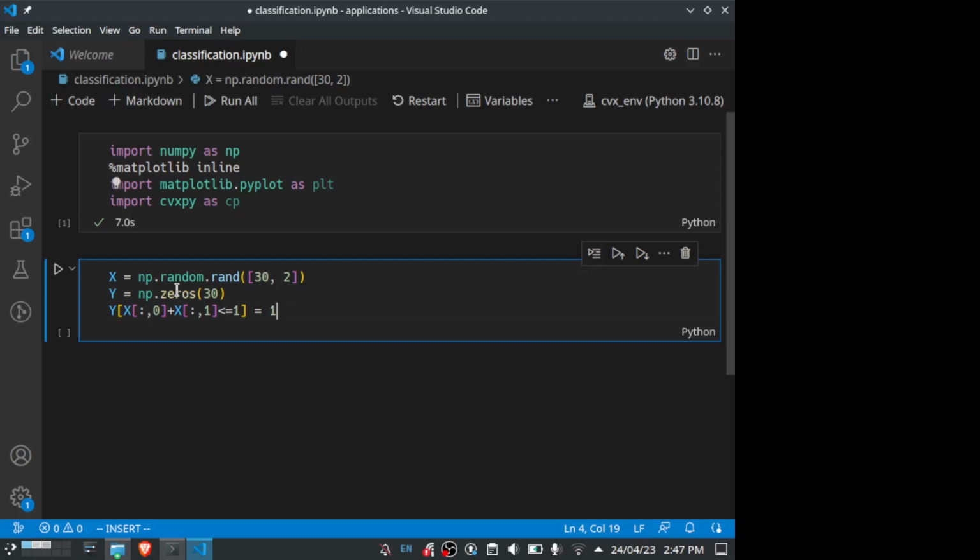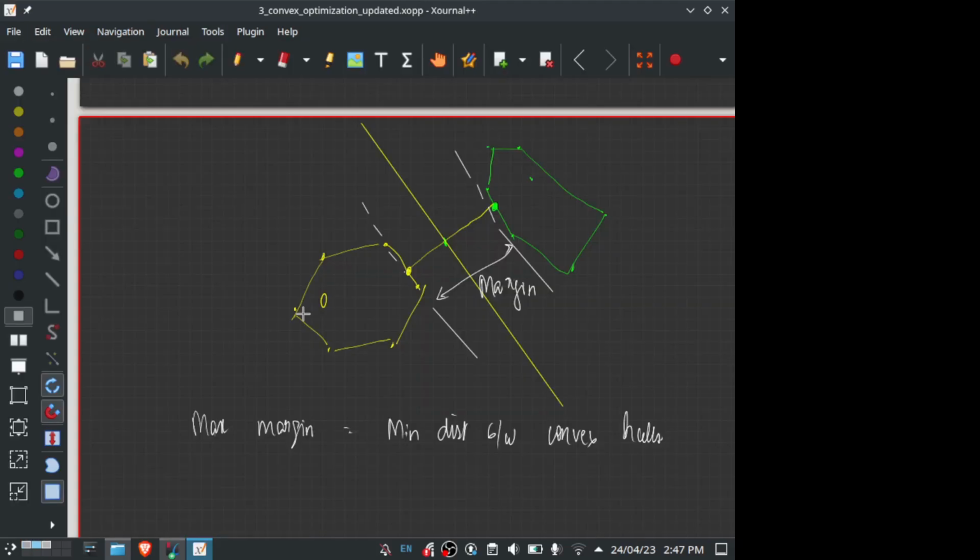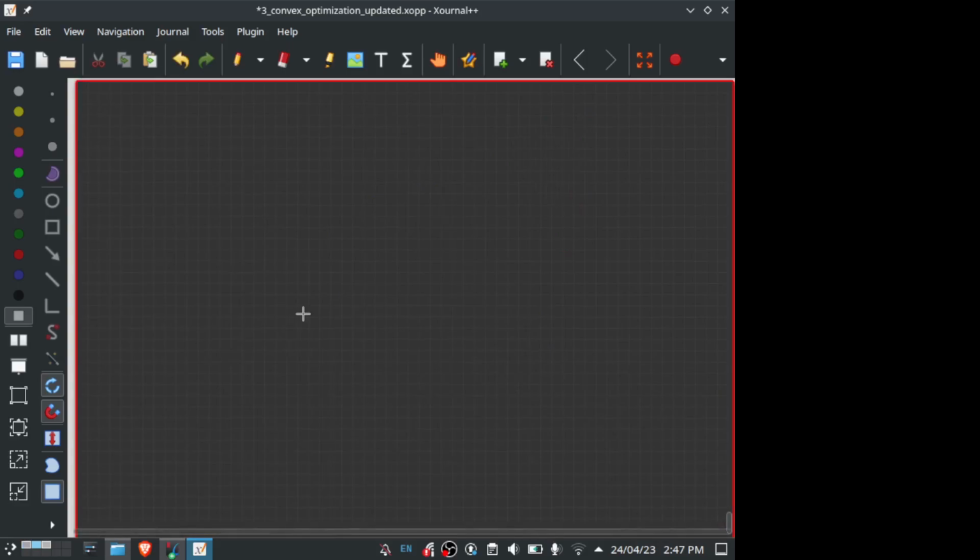So we label those points for which x of 0 plus x of 1 is greater than 1 with 1. What am I doing? I'm effectively drawing random points from the square of side length 1 between 0 and 1.